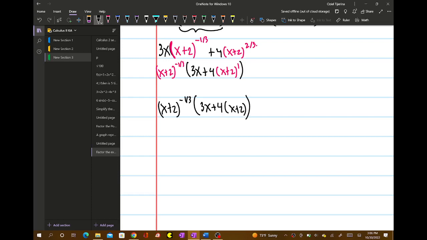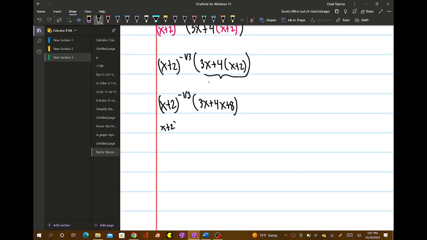Now we can simplify this part. We have x plus 2 to the -1/3 times 3x plus 4x plus 8, which means we have x plus 2 to the -1/3 times 7x plus 8. So this would be our final answer.